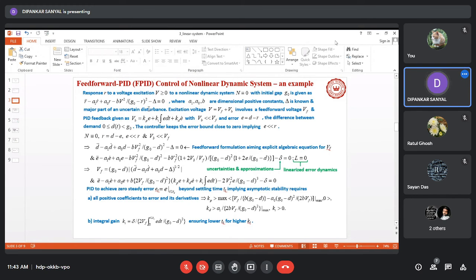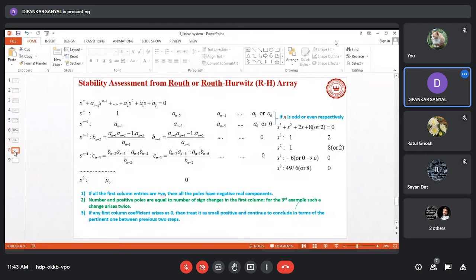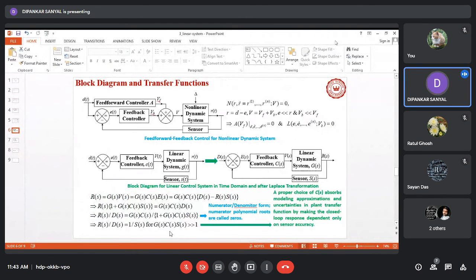Already I have told, we use a model, but that is a model. It must have some kind of uncertainties involved in it. So because of those, this block GS will have some kind of uncertainties arising from the system itself.